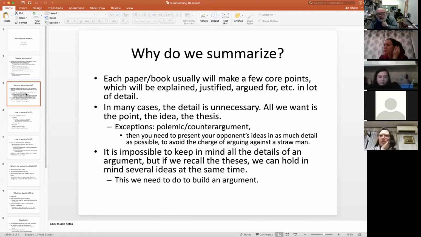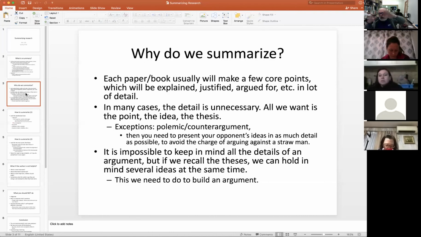The other reason that we summarize is actually to build an argument. This may strike you as strange, but let's stick with the example of the dissertation. If you went and read all 150 pages of text, it's very hard to keep all of these details in your head at the same time. It's much easier to keep in mind that smiling while correcting students doesn't improve the student's performance. That's a much simpler thought to keep in your head.